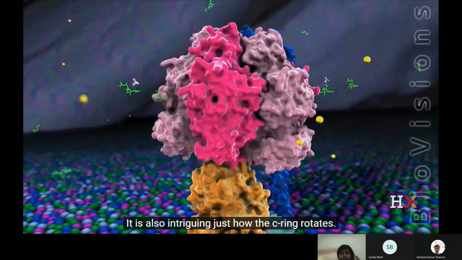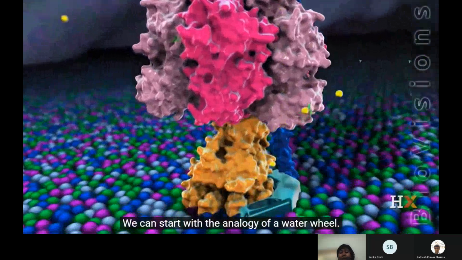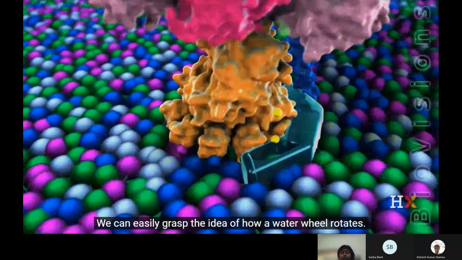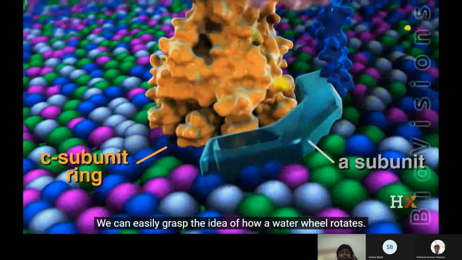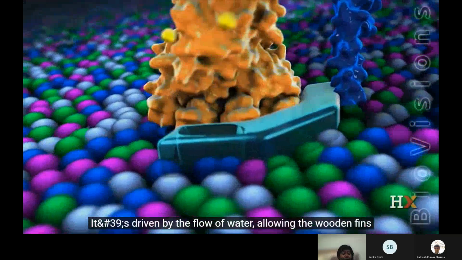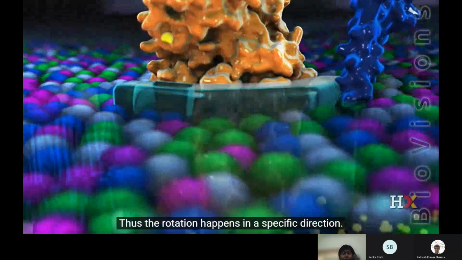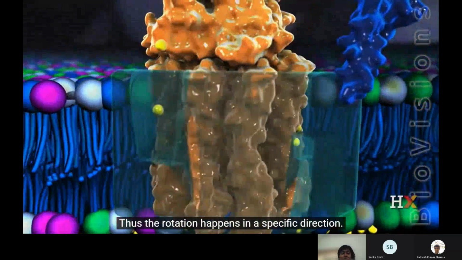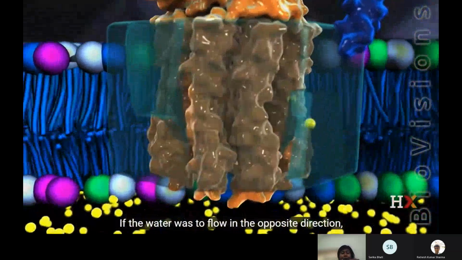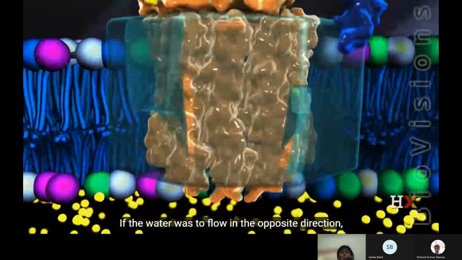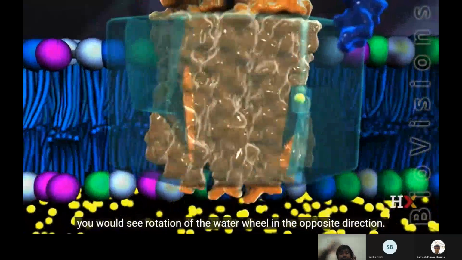And the entire process is driven by conformational changes that switch from the open conformation where ADP and Pi come and bind to it, to a tight conformation where the actual catalysis is occurring and you have ATP formation, to an open conformation where ATP is released.